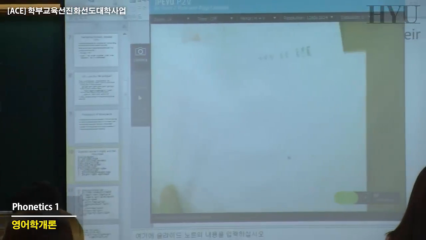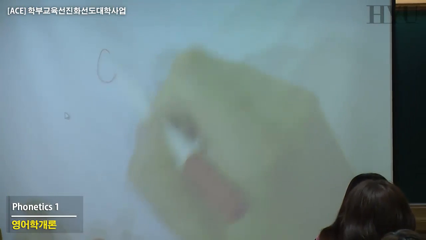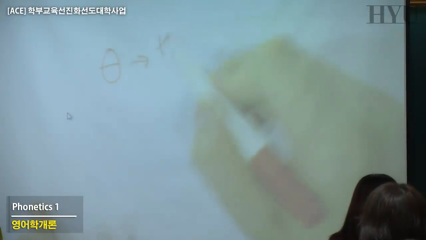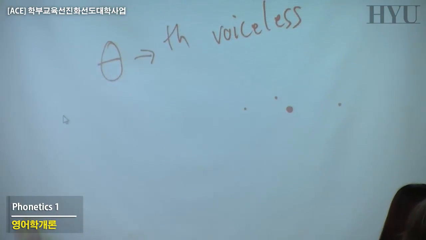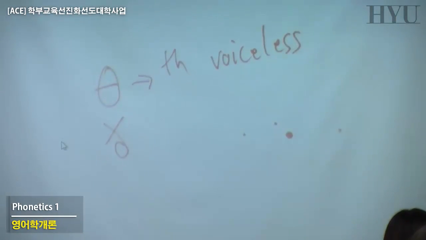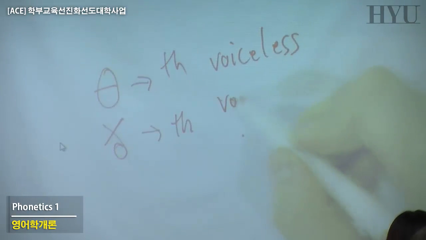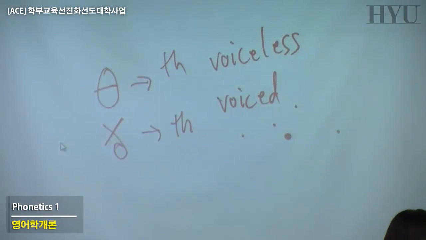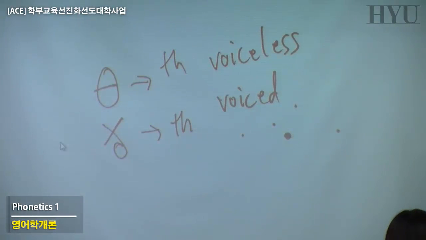So let me show you. This one is the TH sound, but voiceless, okay? But this one looks like a D with a stroke, a bar on top. Also a TH sound, but it's voiced. So both represent the TH sound, but one is voiceless and the other is voiced.